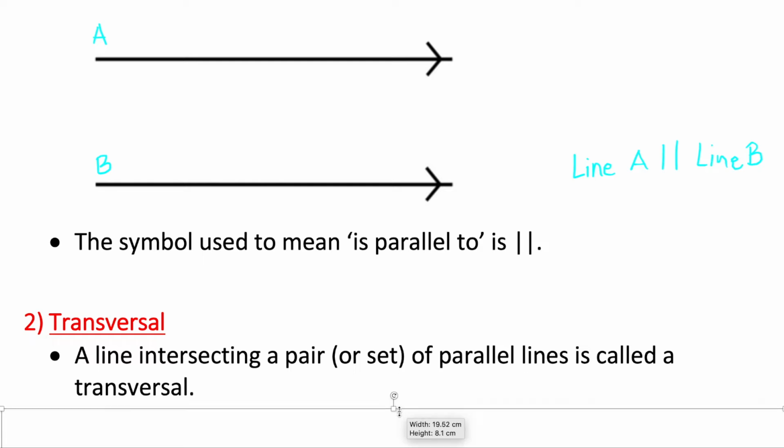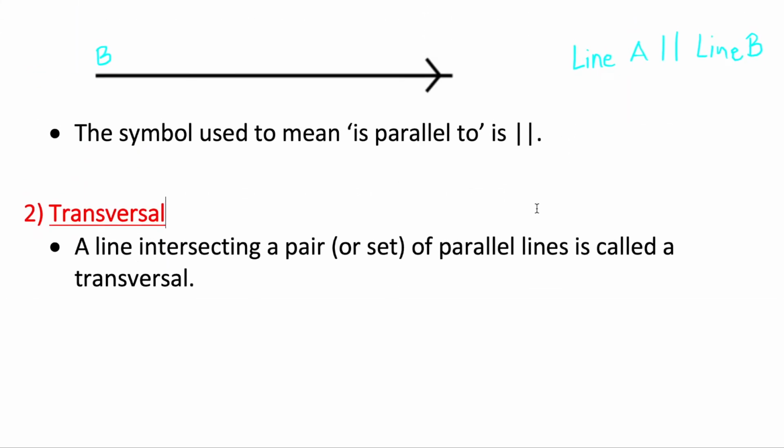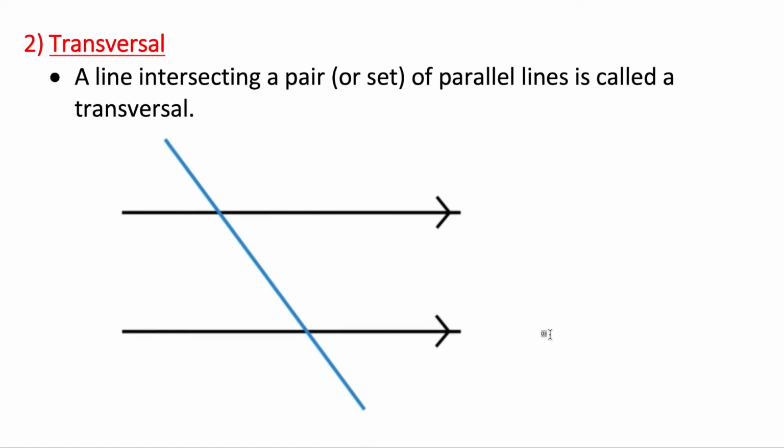A transversal line. A line intersecting a pair or a set of parallel lines is called a transversal line. So if we look up here, I had two parallel lines, this black one and this black one, and I have a line that is intersecting it.